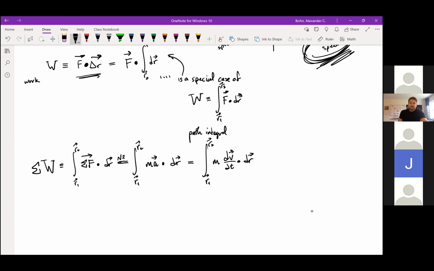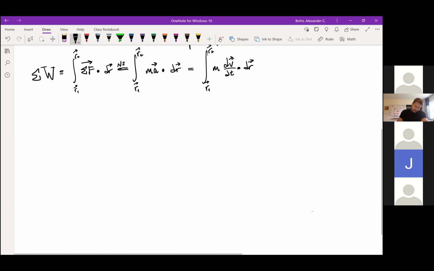The acceleration is the time derivative of the velocity. And if we're being careful, the dot product.